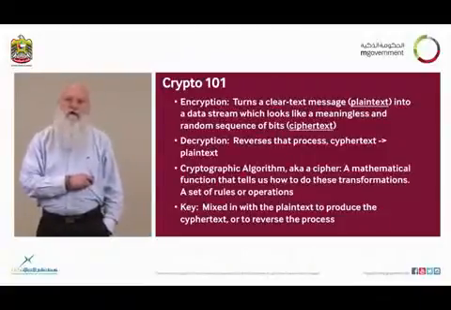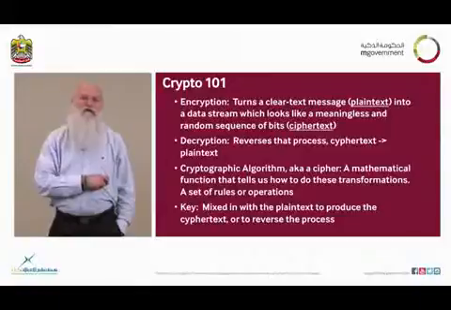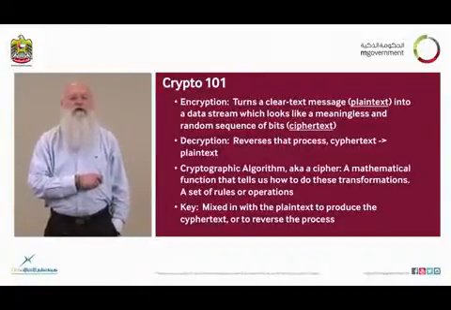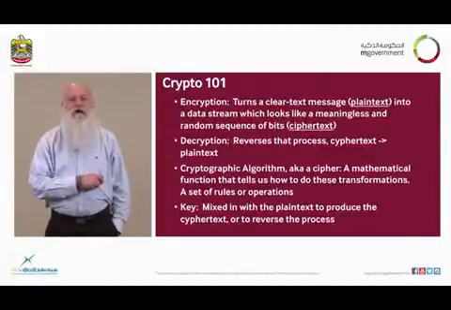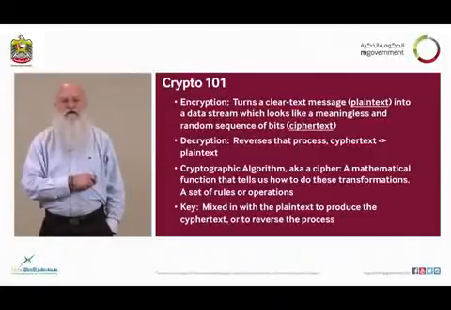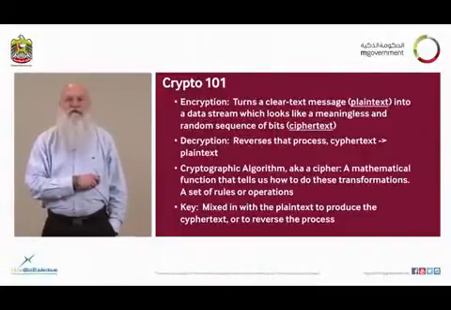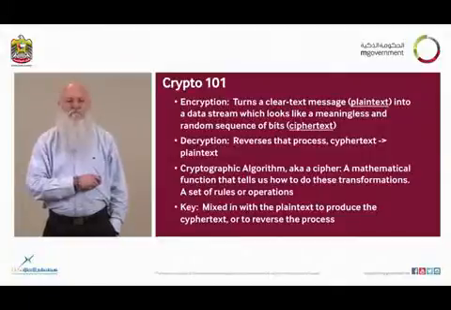The rules we follow to transform from plain text to a ciphertext are called an encryption algorithm or a cipher. This is a mathematical function that provides step-by-step directions for how the computer or a person would perform that transformation.